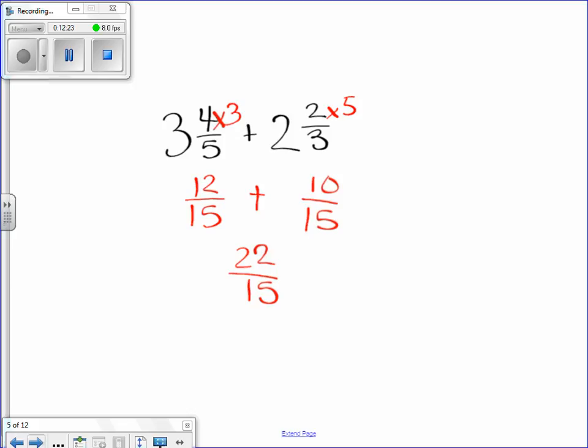That is improper. 15 into 22. Sometimes I say the answer when I'm doing it.